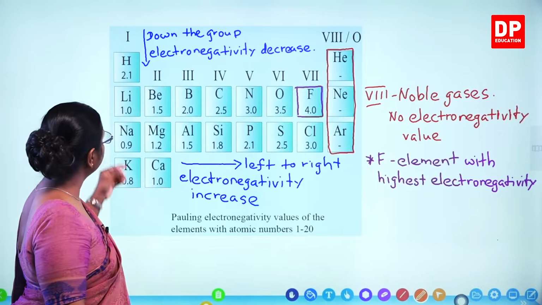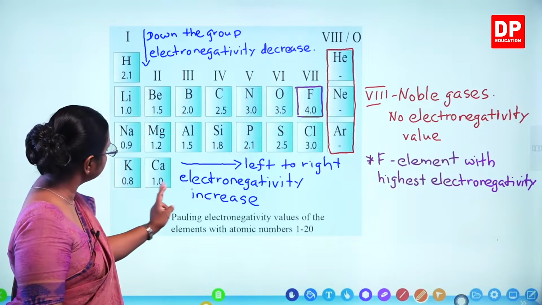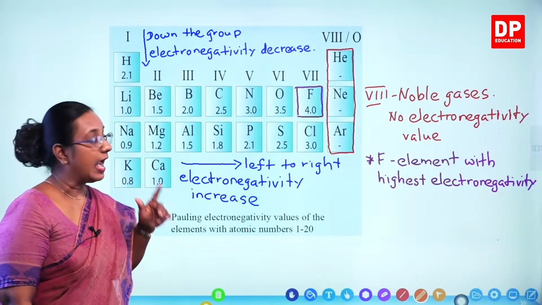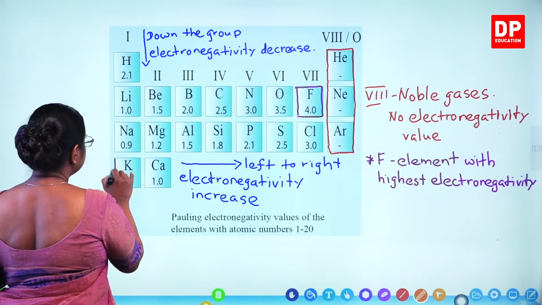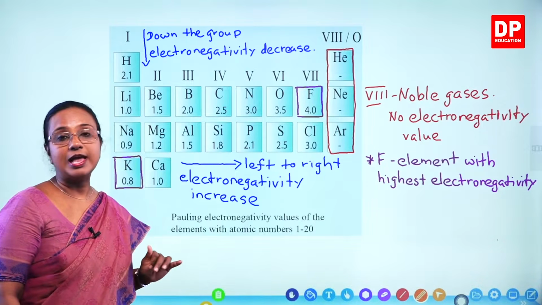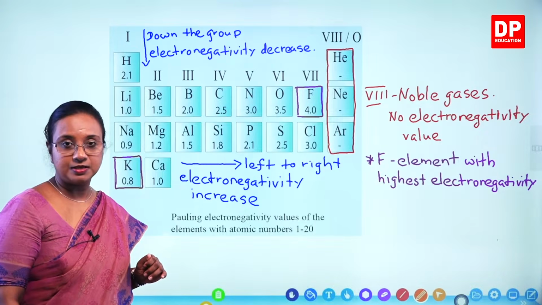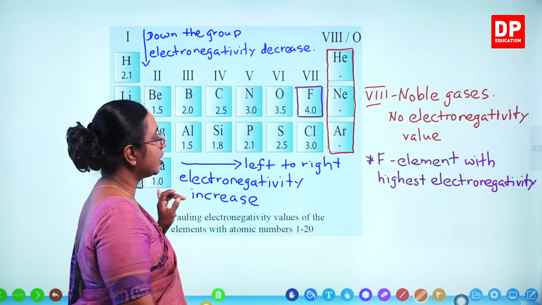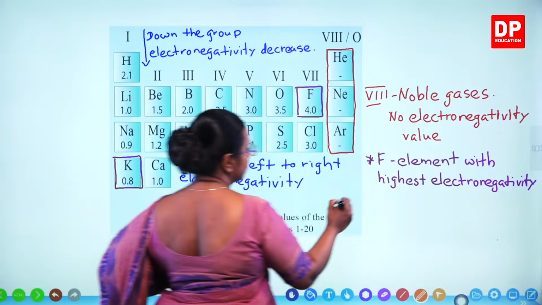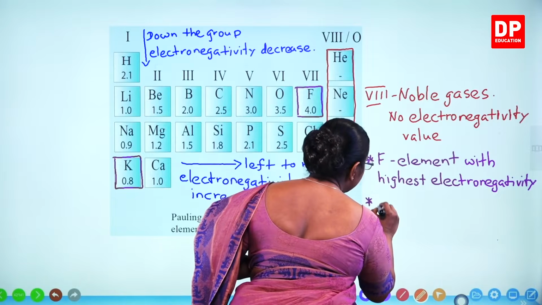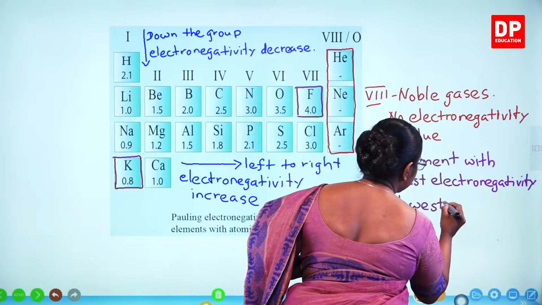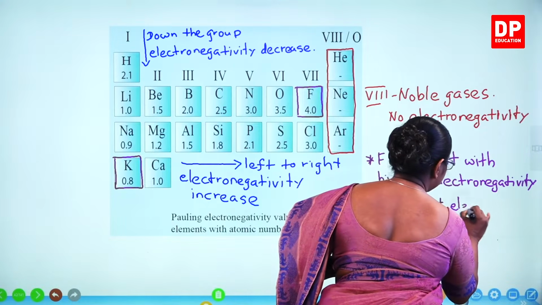Here, if you look at the values, when we go down, the first two groups at the bottom have the lowest values, and out of those, it is potassium that has the least value for electronegativity. So in this periodic table, like fluorine having the highest value, potassium has the lowest electronegativity.